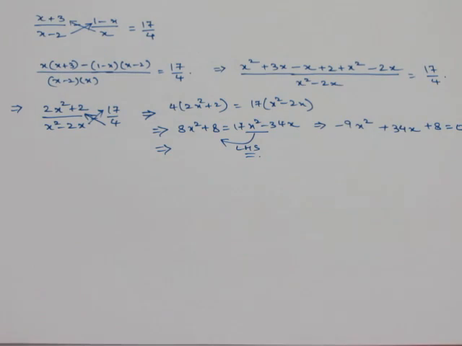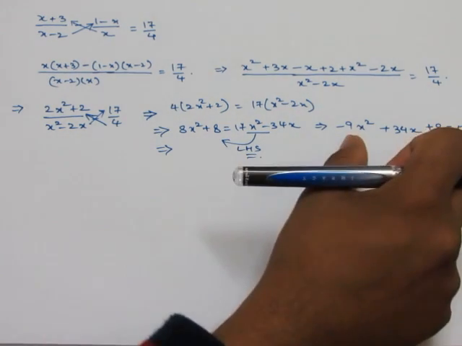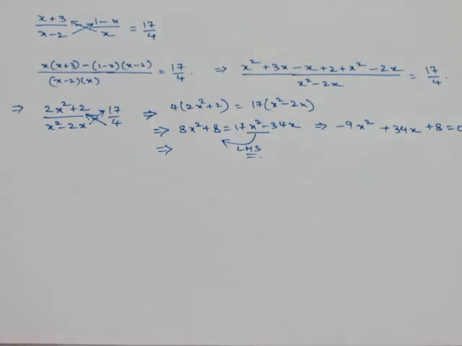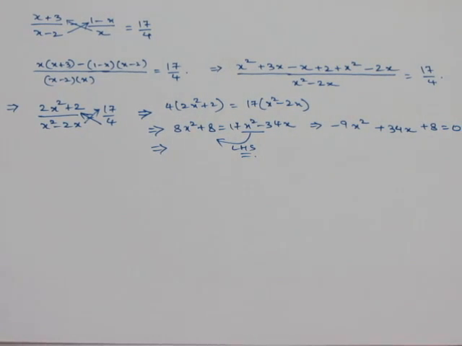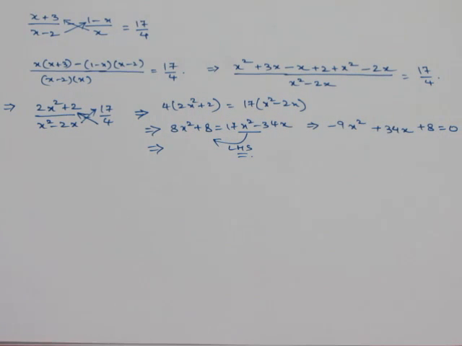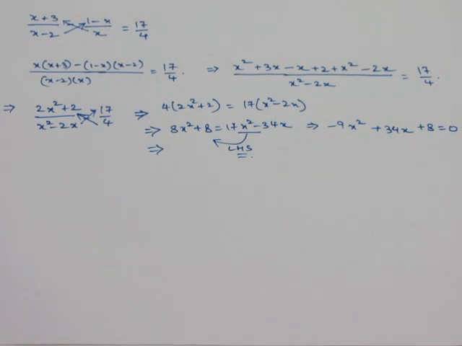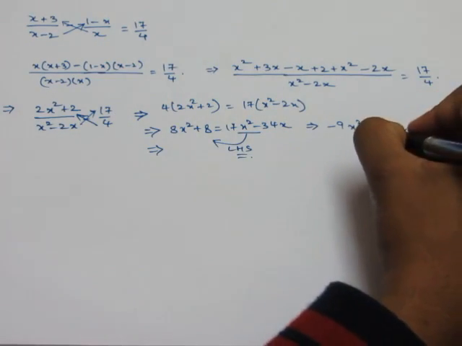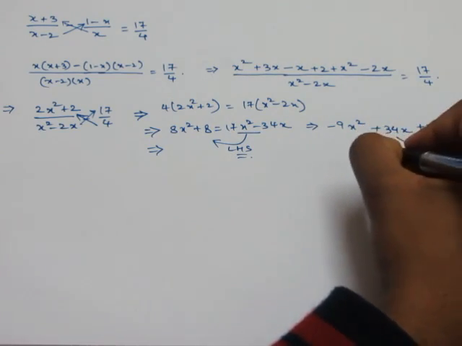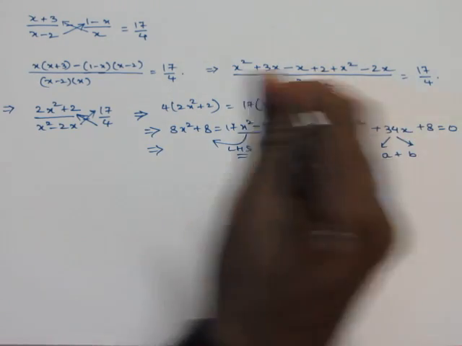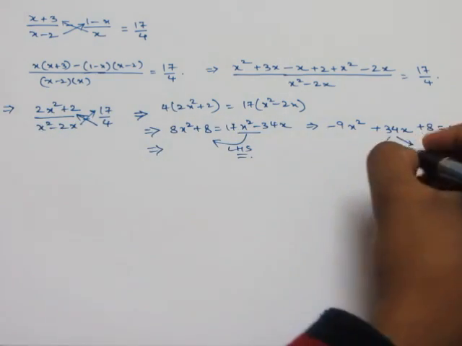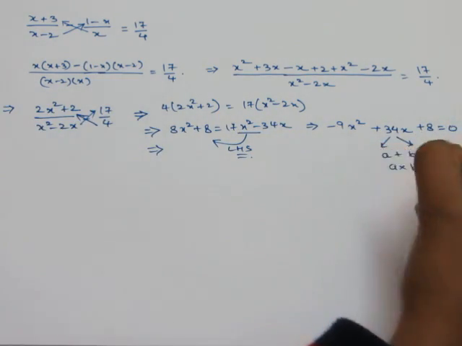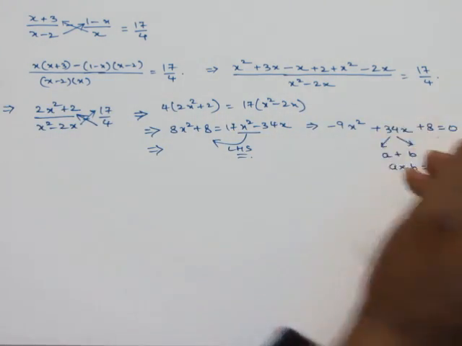In the last class we saw how to factorize this with the help of middle term splitting. We saw this, right? We need to split into two factors a and b such that a multiplied by b gives me minus 9 into plus 8.